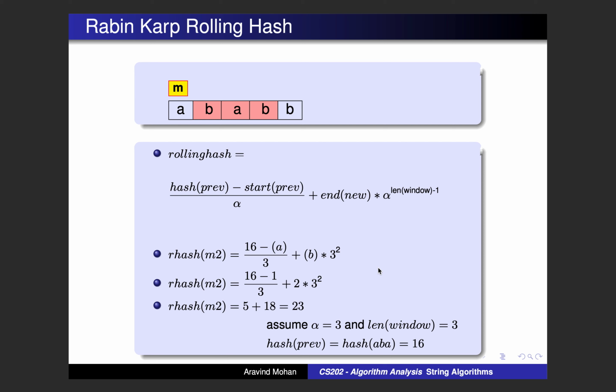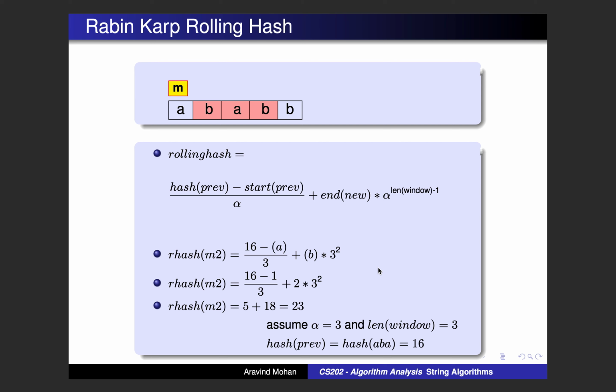What if we have multiple characters and we want to generate a hash, called the rolling hash, based on the previous window? Here we use the formula in this algorithm to calculate the rolling hash, and this is done in constant time.